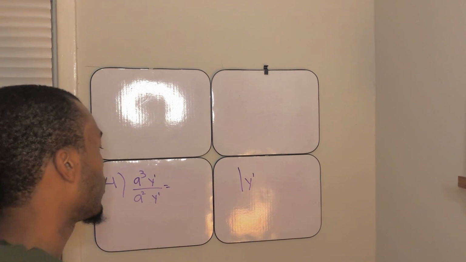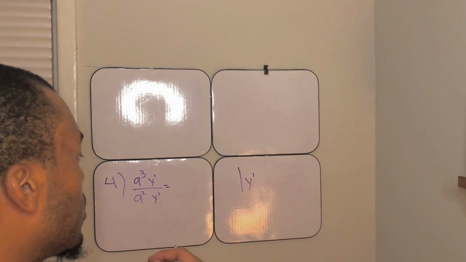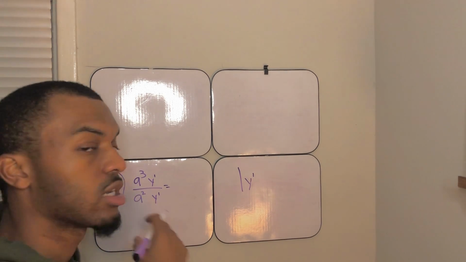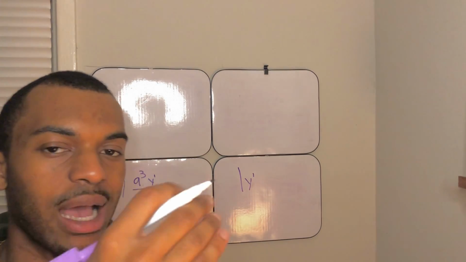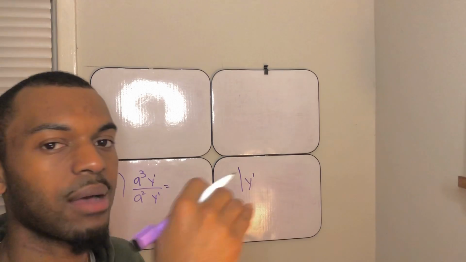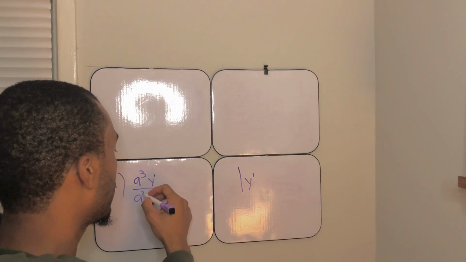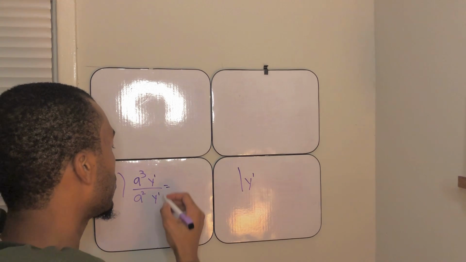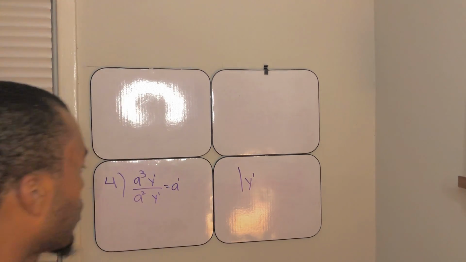Because these a's are the same and we're dividing, we just subtract the bottom a from the top a. So 3 minus 2 is just going to leave a to the 1st.